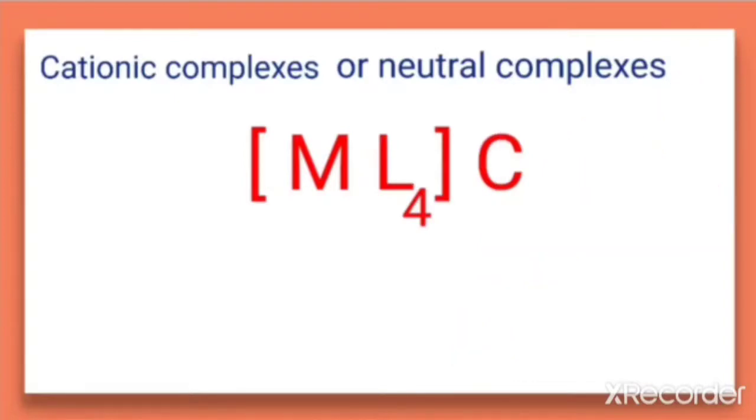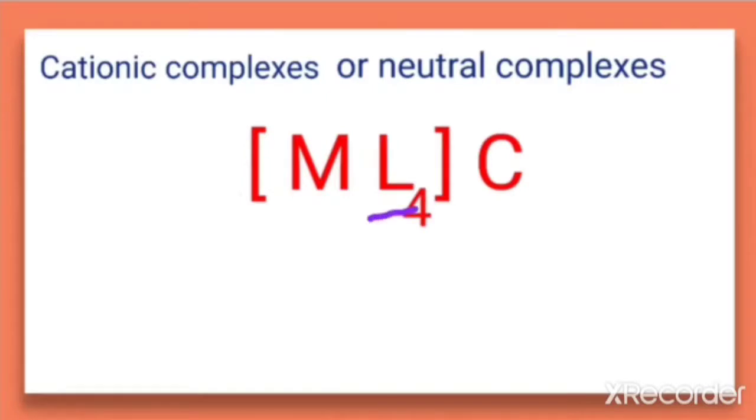So first we will discuss how these names should be arranged in the proper order. In the case of cationic complexes, first we have to name the ligands. Which one is the ligand here? L is the ligand.